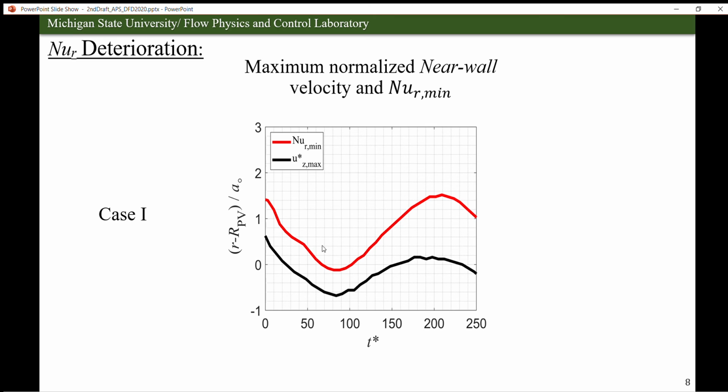As seen from this figure, the radial location of maximum wall normal velocity is always found upstream of the radial location of minimum Nusselt number, and in both plots we see that there is a strong correlation in the movement back and forth between the two locations.